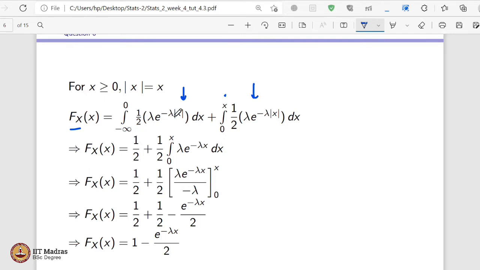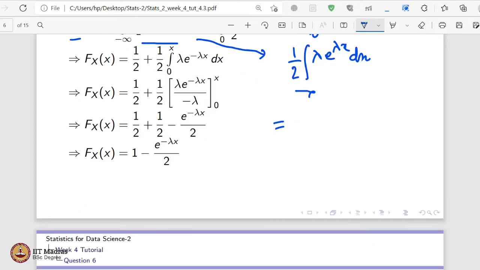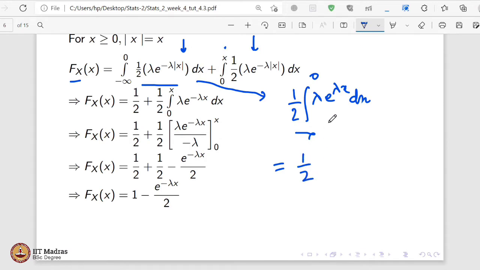So mod of x will get replaced with minus of x, and then we do the integration from minus infinity to 0. That will equal 1 upon 2 lambda e to the power lambda x dx from minus infinity to 0, which is 1 upon 2 lambda e to the power lambda x upon lambda.